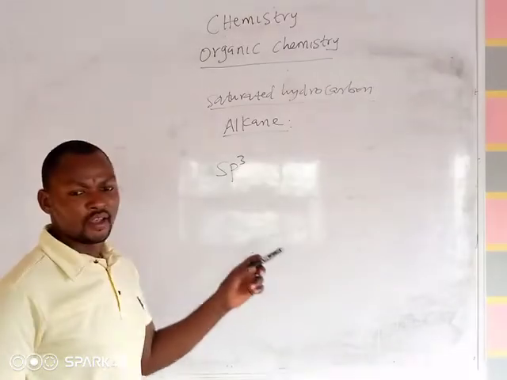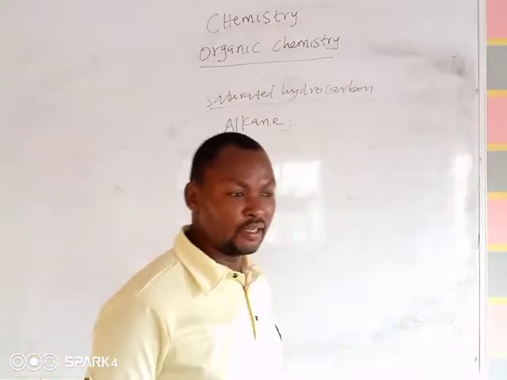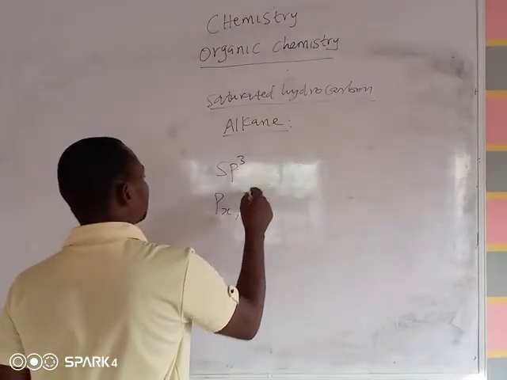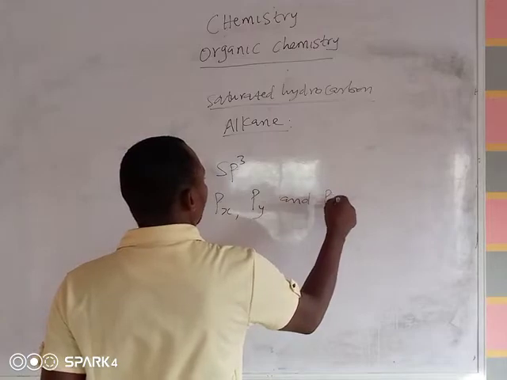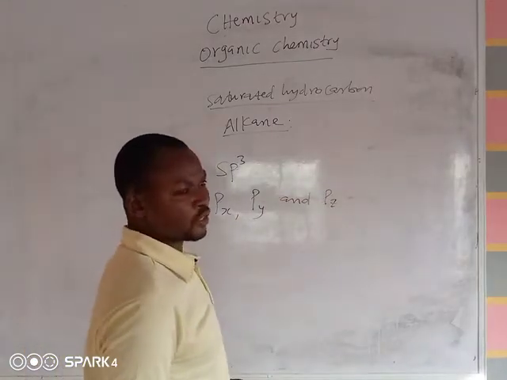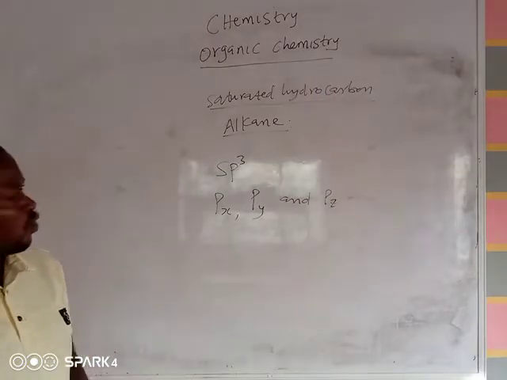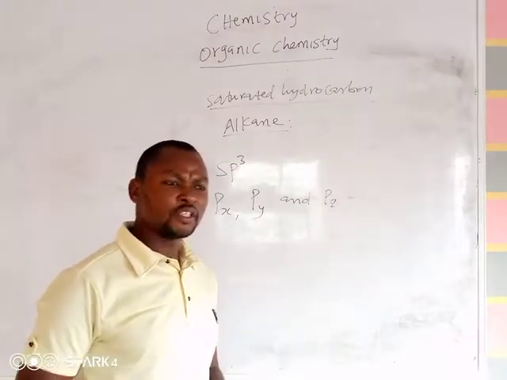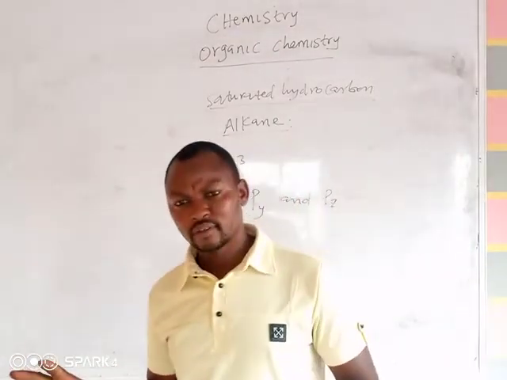But p is divided into 3: we have px, py, and pz. Each orbital must have two electrons.